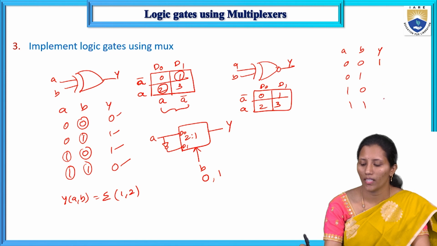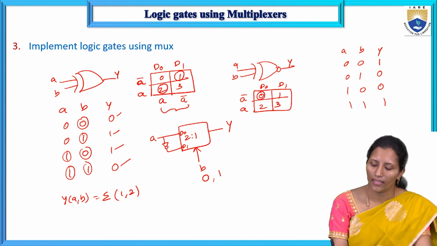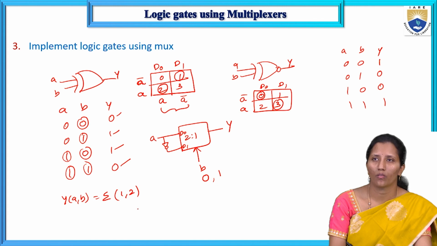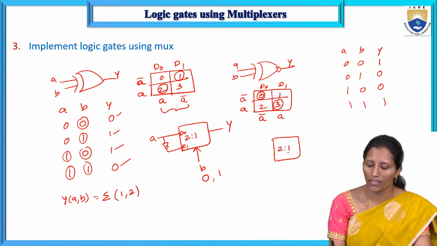If the inputs are the same, we get output 1, and if the inputs are different, we get output 0. So for 0 and 3, we are getting output 1, so we have to circle them. In D0, in this row, A bar is circled, so we get A bar. Here we are going to get A. So 2:1 mux.